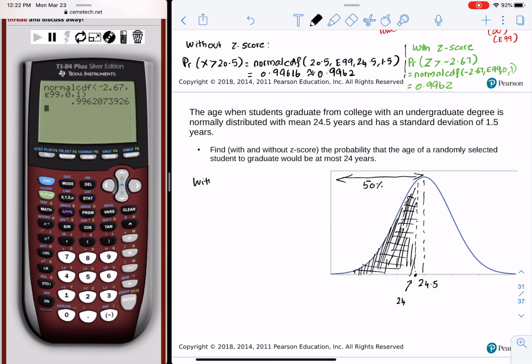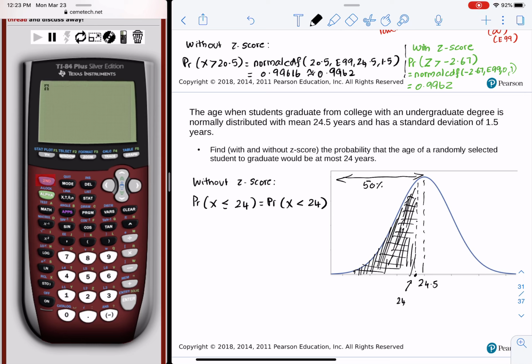So without Z-score, at most would mean less than or equal to. But for a normal distribution, less than or equal to and less than are one and the same. So that would equal the probability x is less than 24.